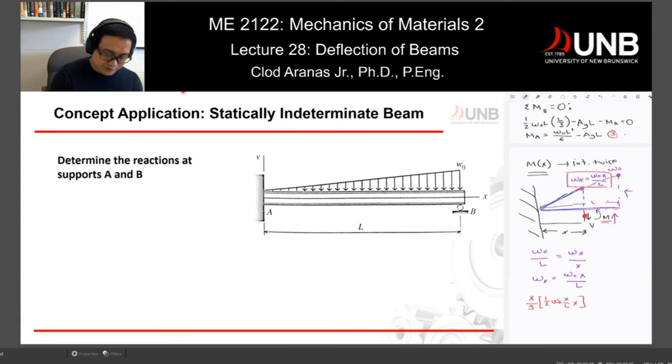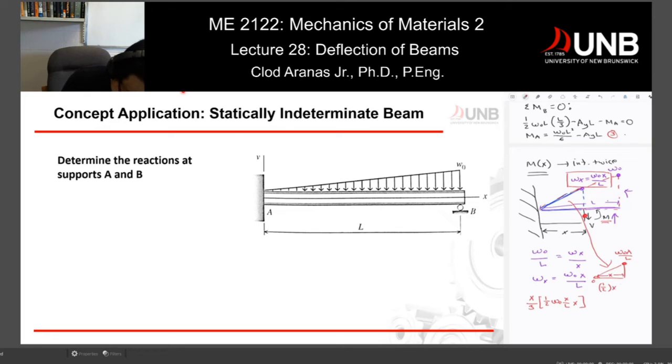So the first term refers to this force right here. So I'll get my smaller triangle. So this one is this one right here. Now this triangle has W naught x divided by L. So, and this is 0 right there. How can I determine the area of this triangle? It's 1/2 times, and this length right here is x.